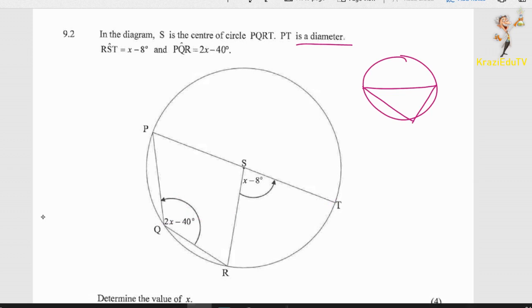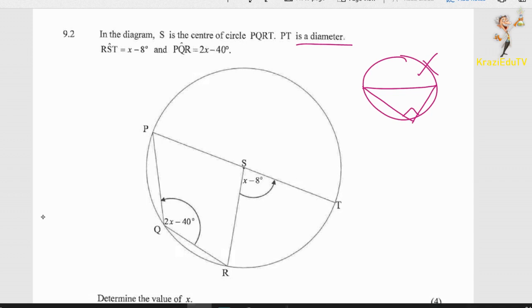Alright, let's read through. RST is x minus 8 and PQR is 2x minus 40. It says determine the value of x. I see there could be a variety of ways to do this.